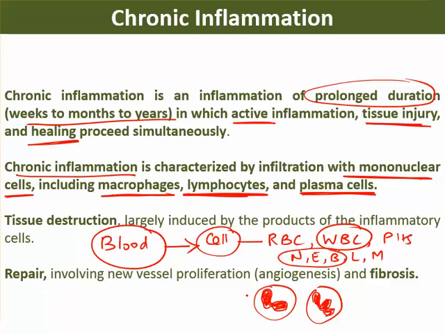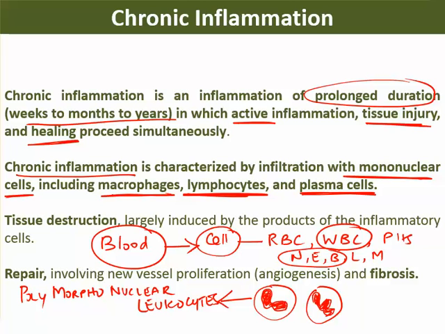Poly means multiple, morpho means looking, nuclear means nucleus. So it is all polymorphonuclear appearing leukocytes.